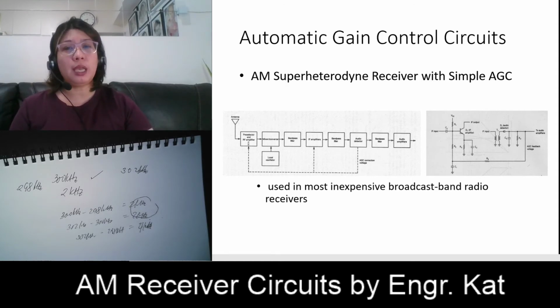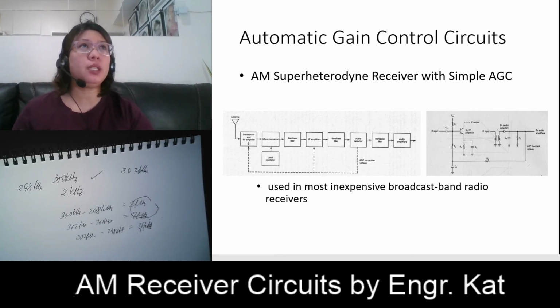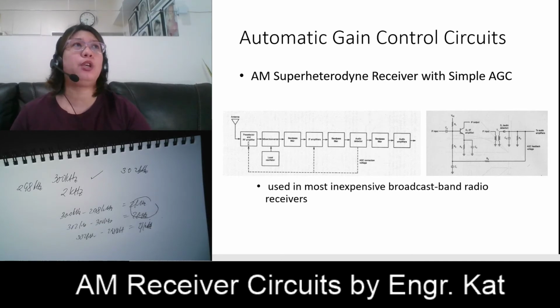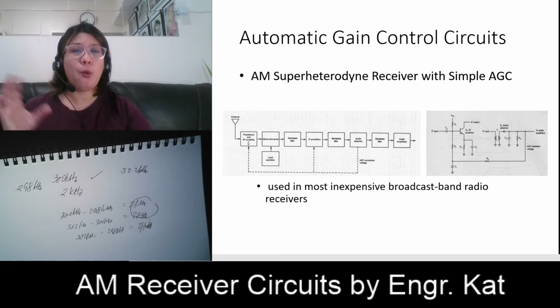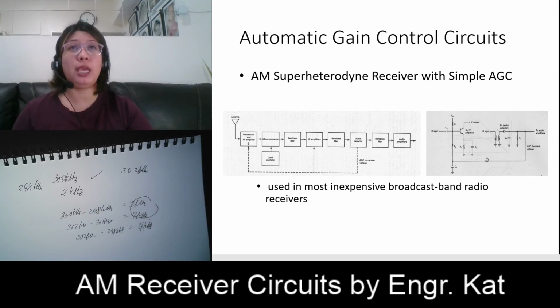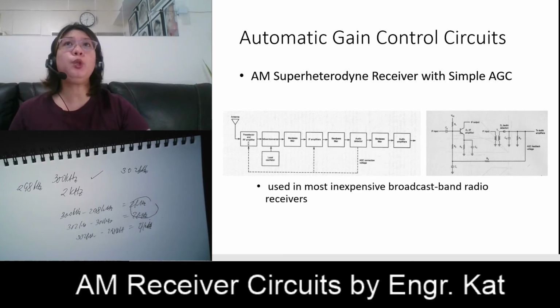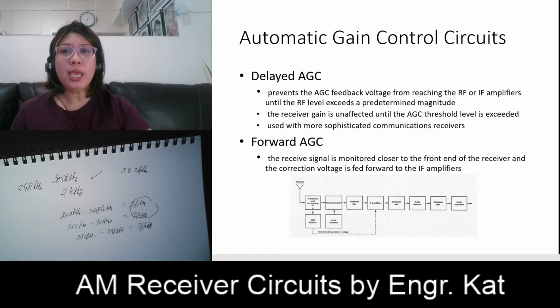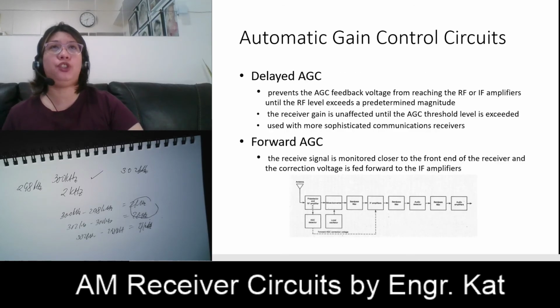The AGC bias begins to increase as soon as the received signal exceeds the thermal noise of the receiver. However, when we do this, the receiver becomes less sensitive. So to compensate for that, we have what we call the delayed AGC.